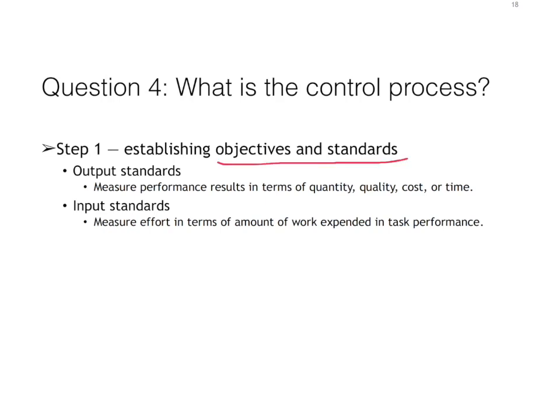And then we have standard and objective in input. What will we do in input? In terms of the amount of work expended in task performance. Input is talking about the resources.